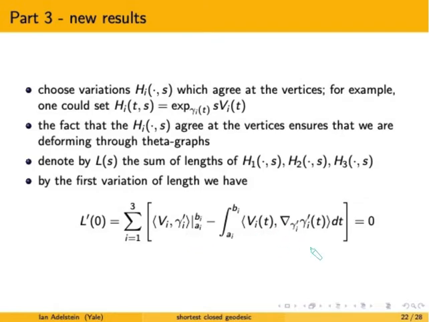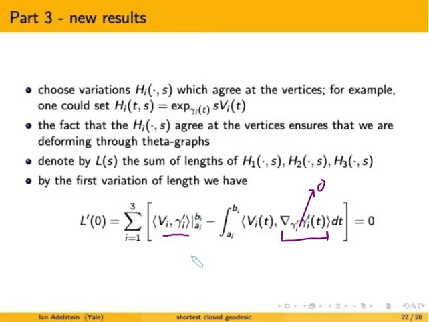And because each of the edges are geodesics, this is an acceleration term, this goes to 0. And this inner product term, this will sum to 0 over the three geodesics precisely because we're at a stationary point where the initial velocity vectors, these gamma i primes, are balanced.